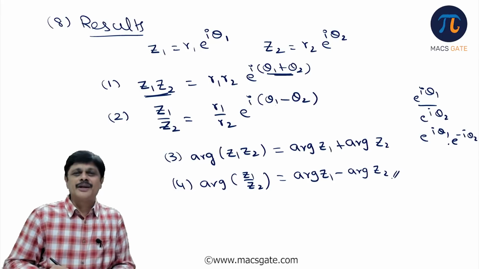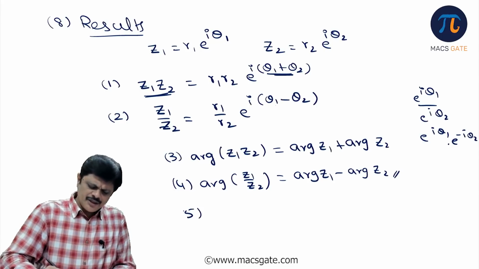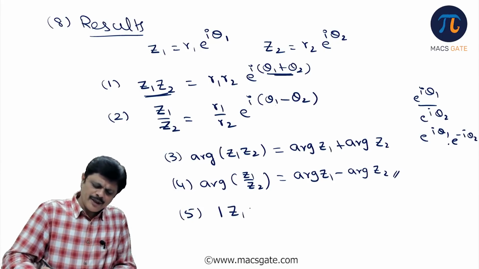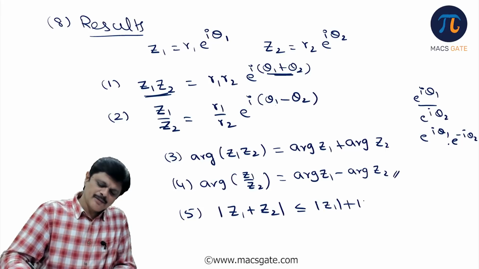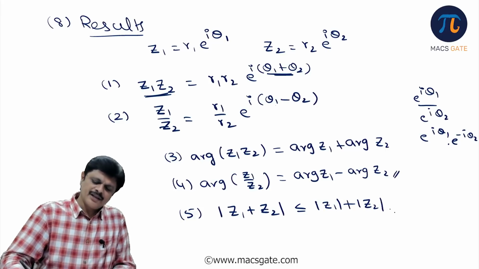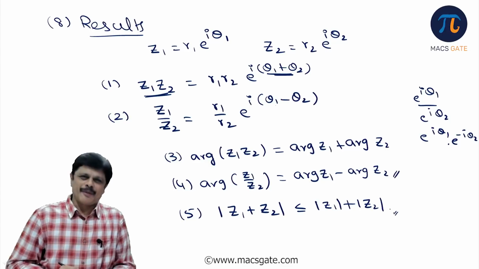So these are very important properties. Just to conclude, one more very important property is the triangular inequality: mod of Z1 plus Z2 is less than or equal to mod Z1 plus mod Z2. So these properties one should remember.